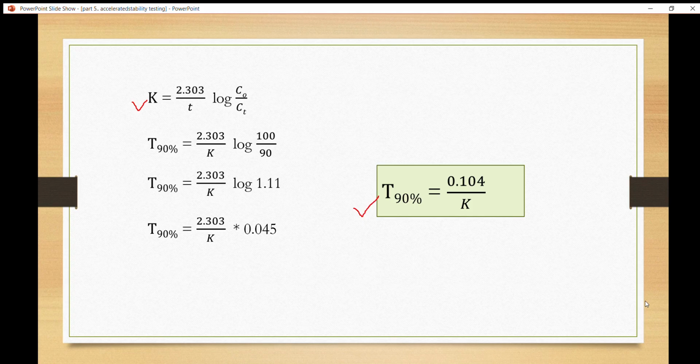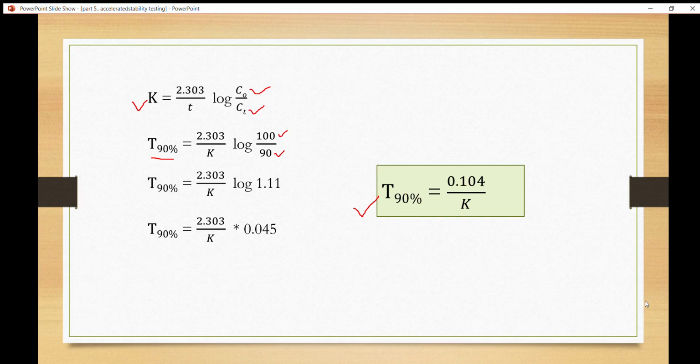In this equation, C0 is the initial concentration of the drug in the product, and Ct is the concentration of the drug at time t, that is 90%. Suppose the initial concentration is 100%, and after some days the concentration of that drug becomes 90%. Then we can calculate the t90%, that is the shelf life or the expiry date.